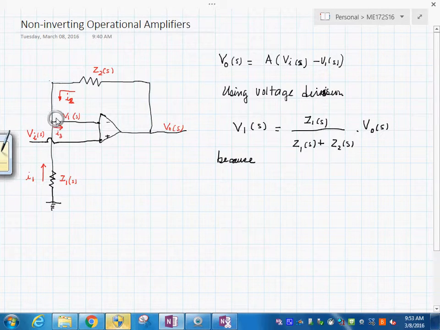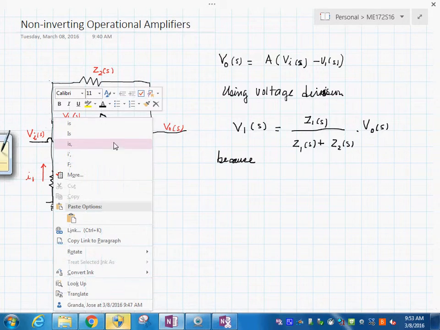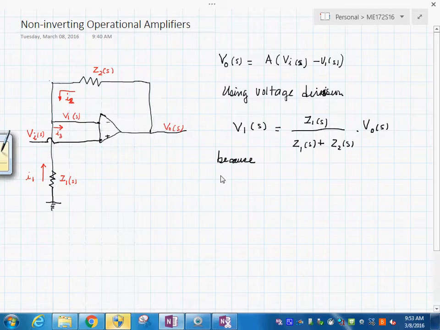You have that I1 plus I sub 2 is equal to I sub 3, right? So if this is the case, we know that V sub 1 times Z sub 1 plus V sub 1 times Z sub 2 is equal to V sub output times Z1.